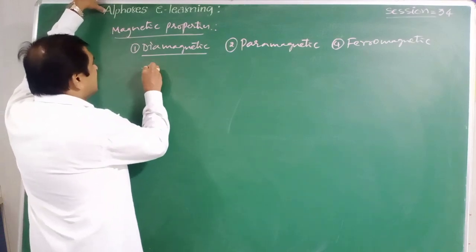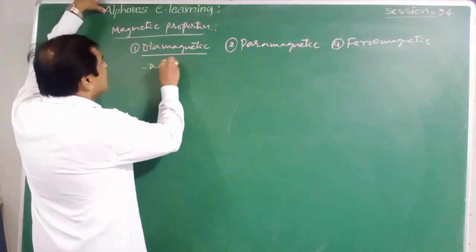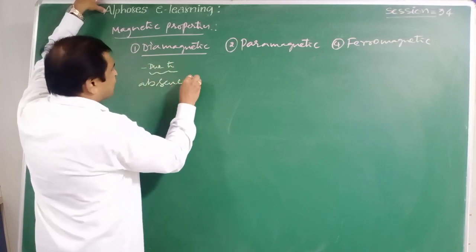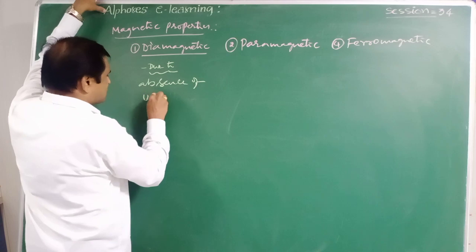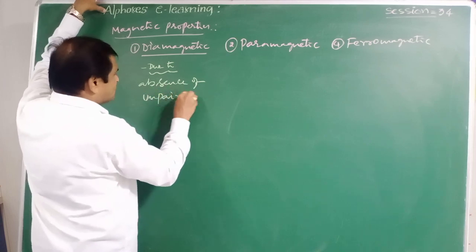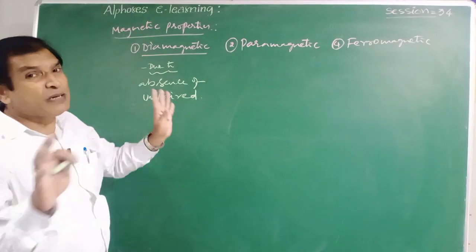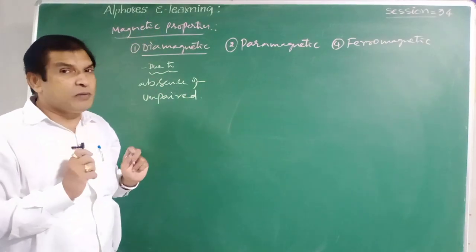It is due to the absence of unpaired electrons. What do you mean by absence of unpaired electrons? The orbitals may be completely filled or the orbitals may be vacant.